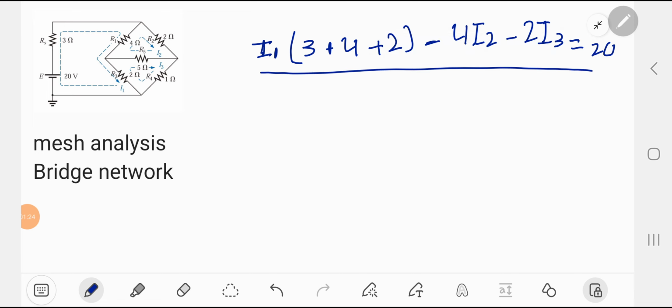So this is a direct equation according to mesh analysis.